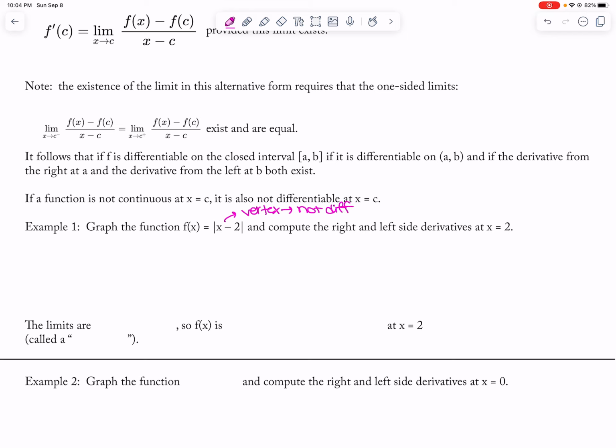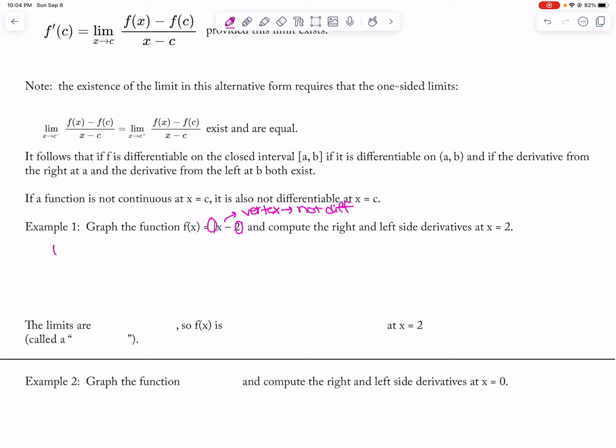That means I can't take the derivative there. Really, it means that the left side and the right side derivative do not exist at that point. It makes sense with absolute value because what do we have to do to drop the absolute value? Always ensure that the number plugging in is going to be positive. That will not occur at certain values of x.